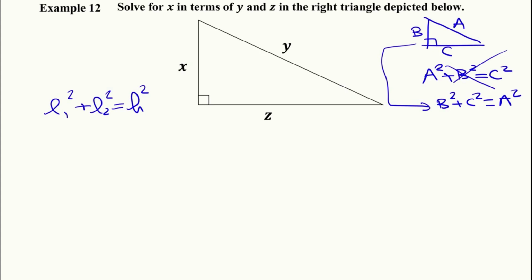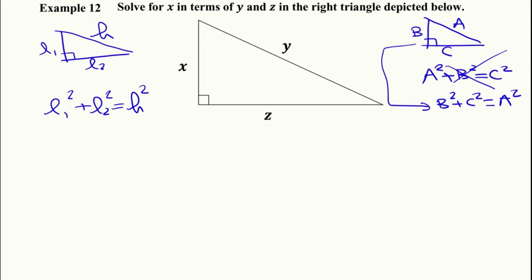So I recommend getting away from those letters and actually just remembering it like this, because with this you can't go wrong. We know that the two sides that form the right angle are called legs, so we'll just call them leg 1 and leg 2. And we know that the largest side, which is opposite the largest angle, is the hypotenuse, so we can call that h.